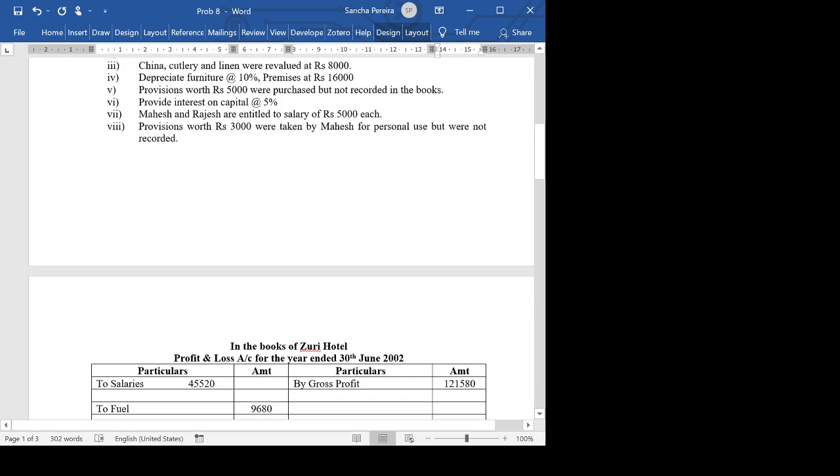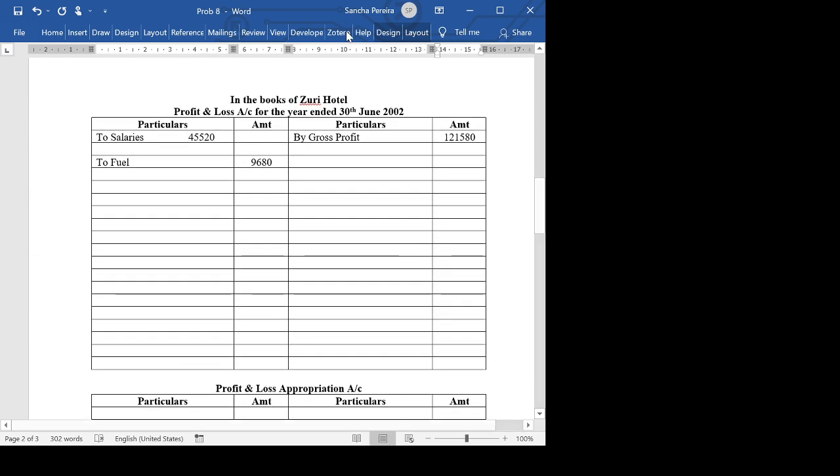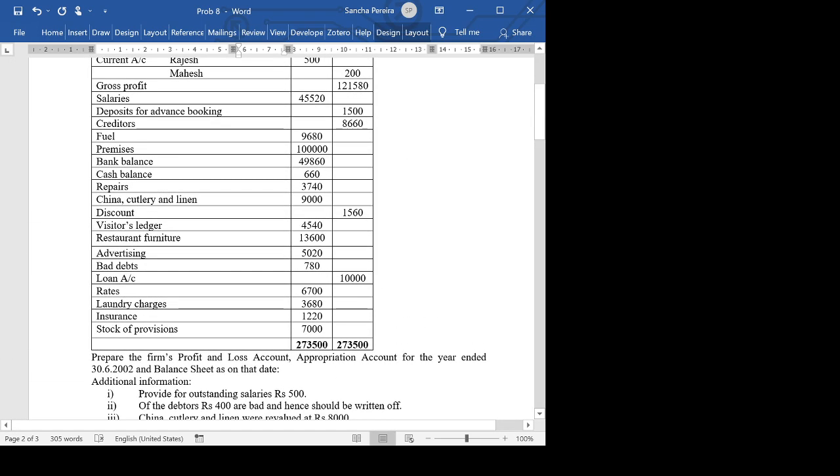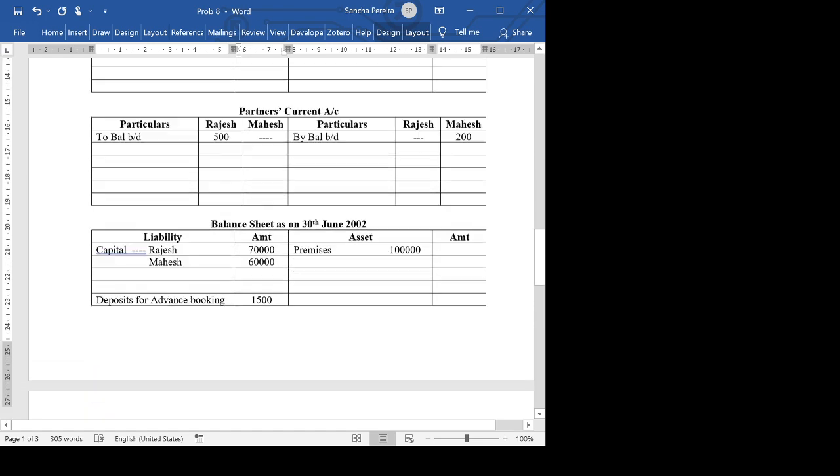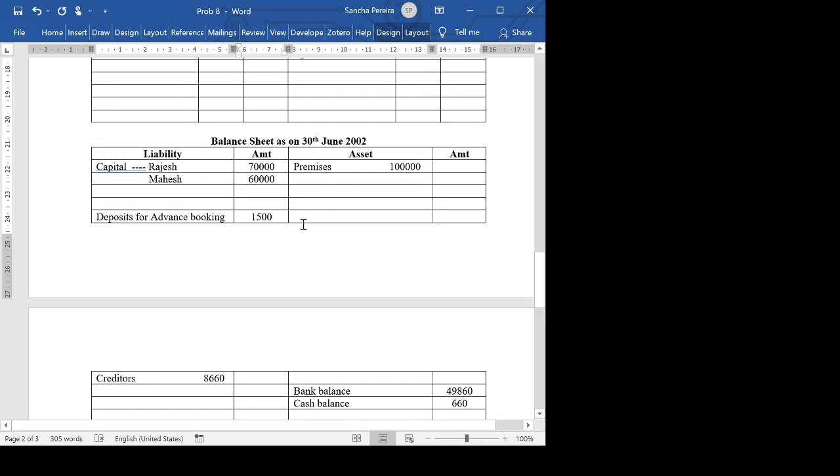Then we have repairs 3,740. To repairs 3,740. China, cutlery and linen 9,000.